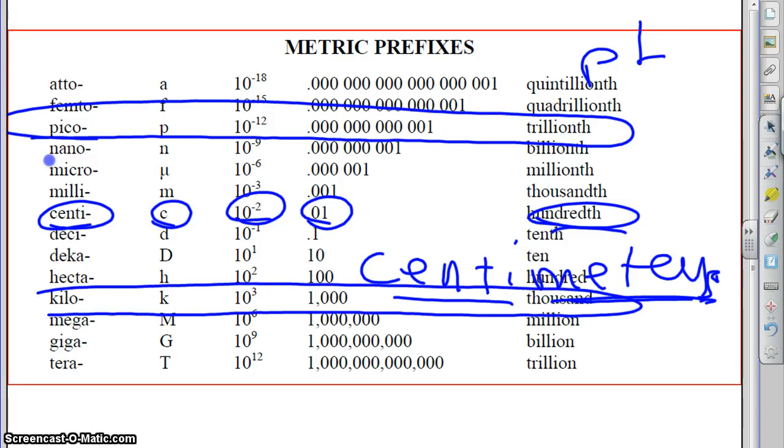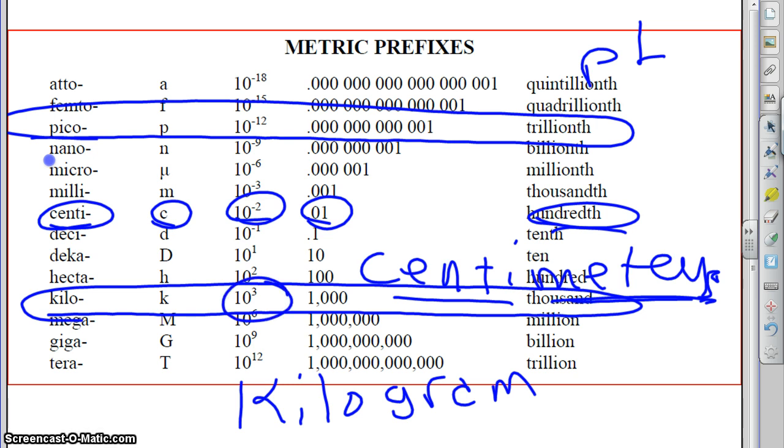If you have a kilogram, and it doesn't matter, you can put these prefixes in front of any SI unit. Kilo is 10 to the positive third, it's not a thousandth, it's a thousand. A kilogram is 1,000 grams.